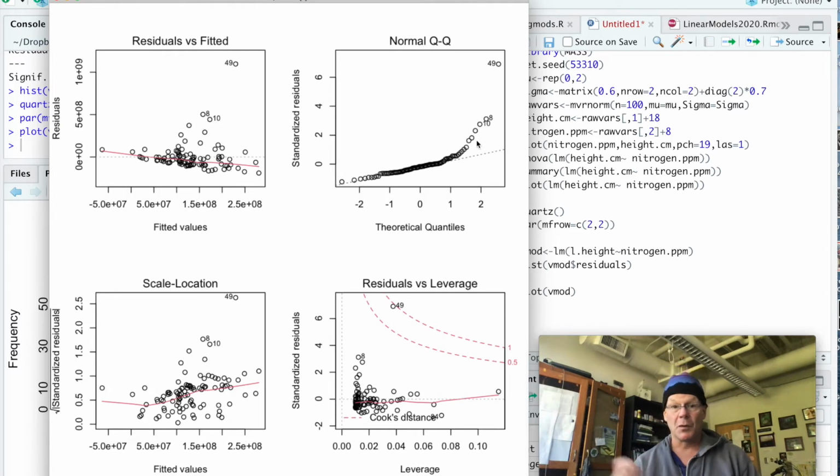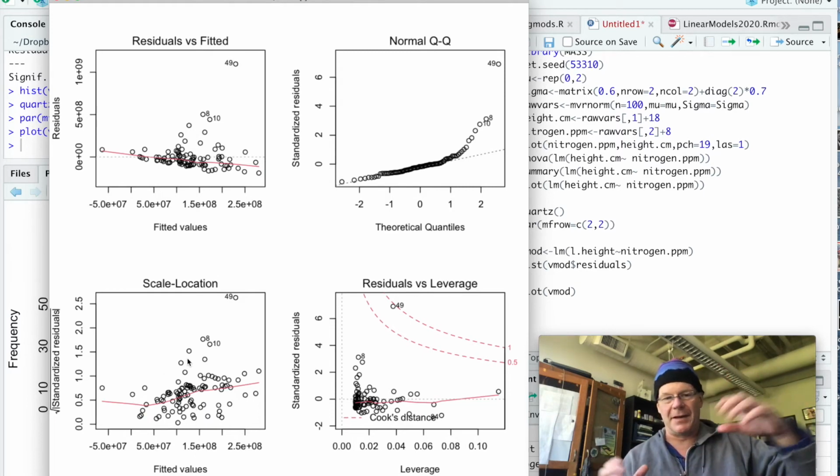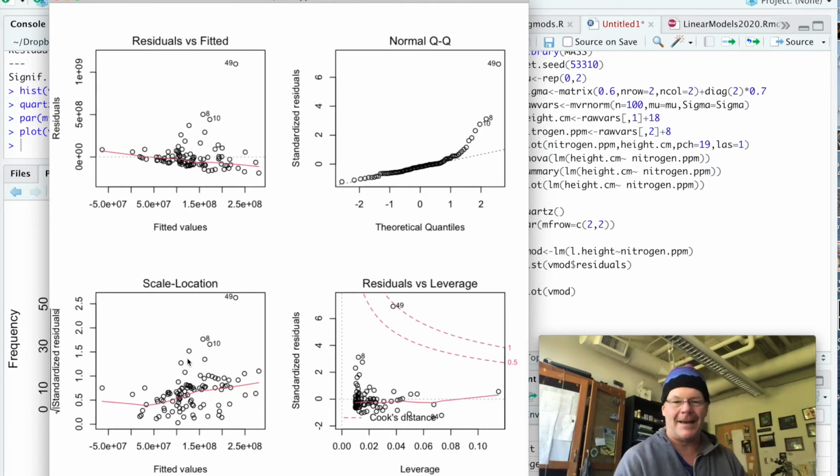So there's red flag number 3, I guess. We got problems. If we look at our scale and location, which again is just a different way to look at this plot, we see that it's going up as we increase the fitted values, and there's a big mess of an increase in the variance in the middle, so that's potentially a problem.